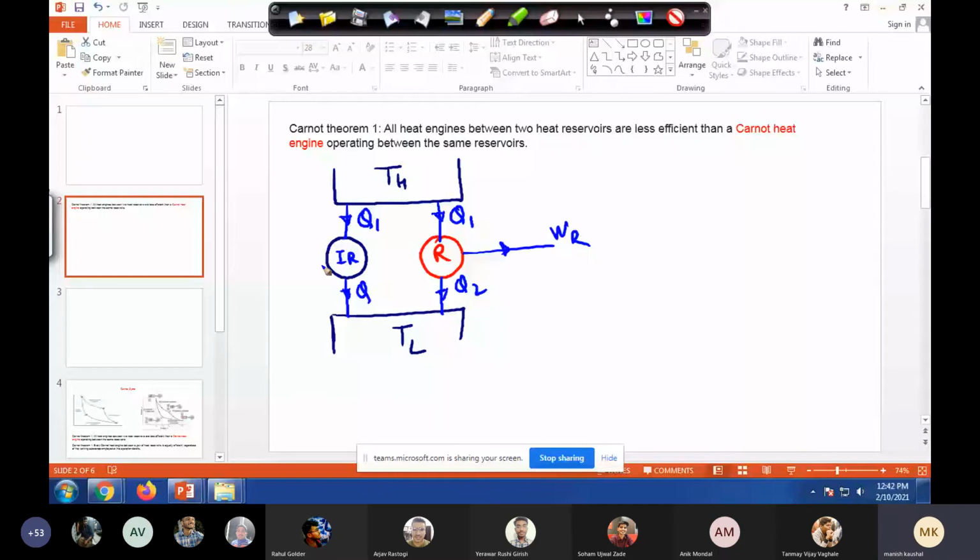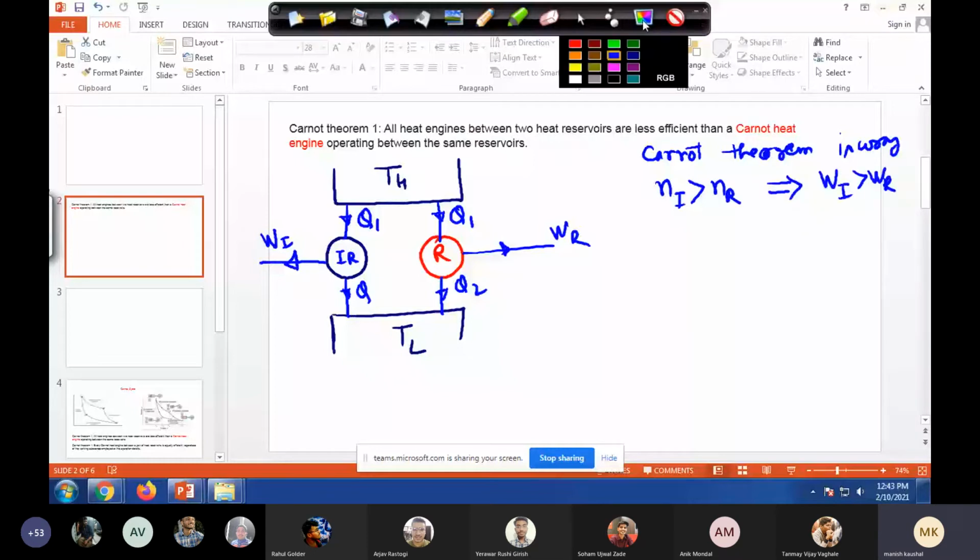We said Carnot theorem is wrong. That's what we are claiming. So it means we are saying eta I is greater than eta R, which is equivalent to saying Wi is greater than Wr. And what else we proved from algebra? That Q is less than Q2, I guess, right? Yeah, Q is less than Q2.